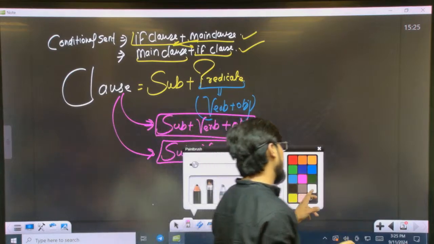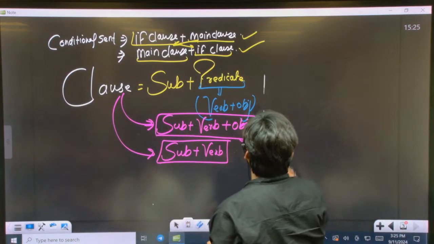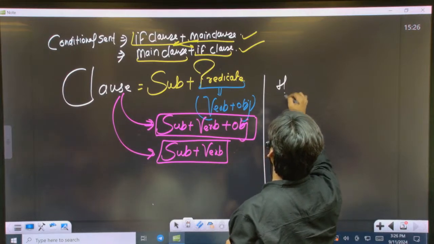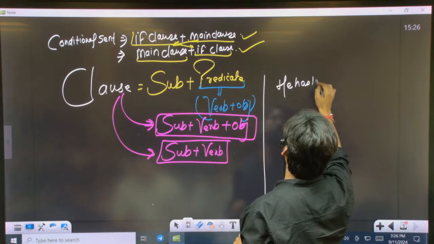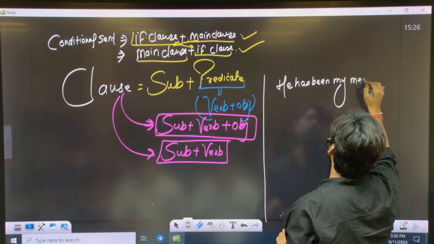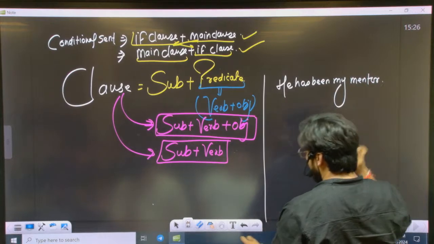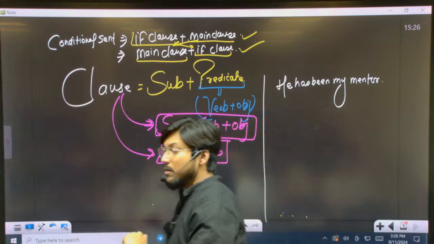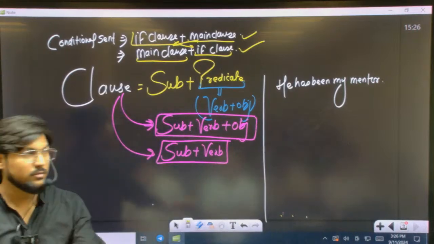This is also known as a clause. If I write down, he has been my mentor. Now you need to find out the predicate here.